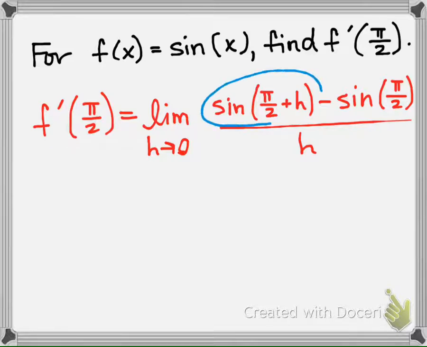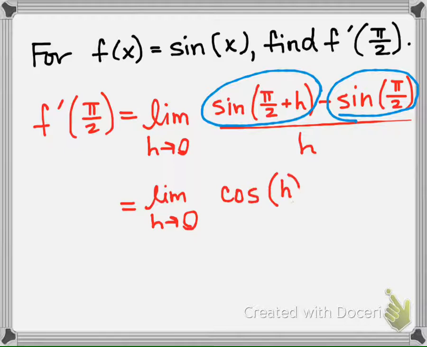One thing is that sine of pi over 2 plus h takes the sine function and shifts it to the left by pi over 2. So that is the same as cosine of h. And also sine of pi over 2 is 1. So we get the limit as h goes to 0 of cosine of h minus 1 over h.